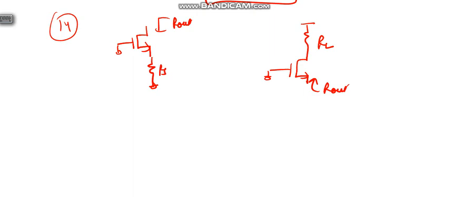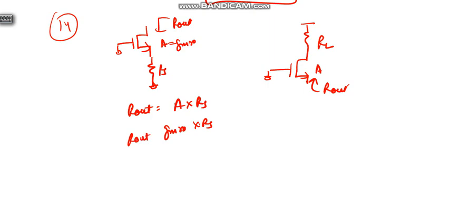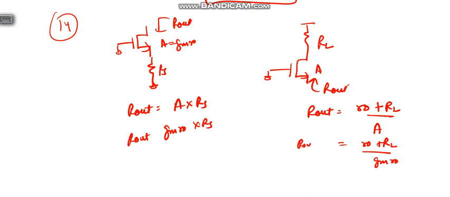In this, say this transistor gain is A, and this transistor gain is A. So in this, Rout is A into RS, that is GM RO into RS. For this configuration, Rout is given by RO plus RL divided by A, that is RO plus RL over GM RO.